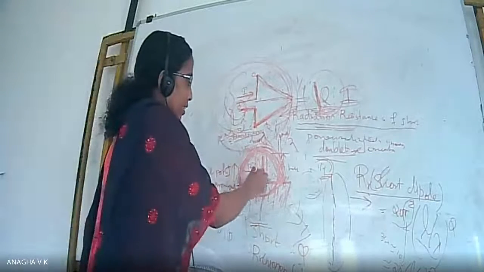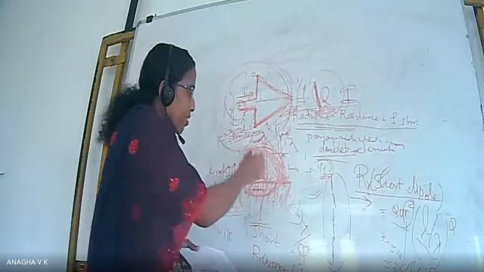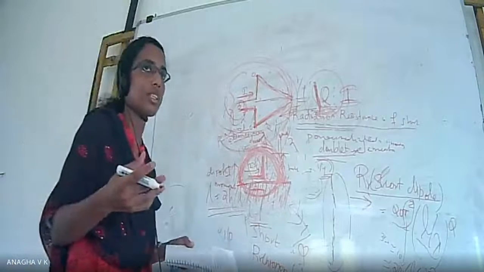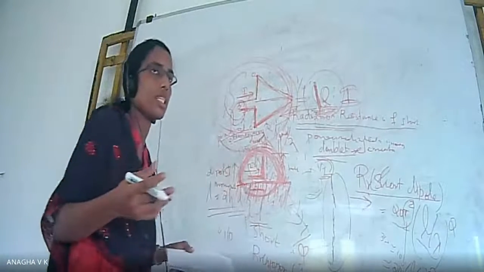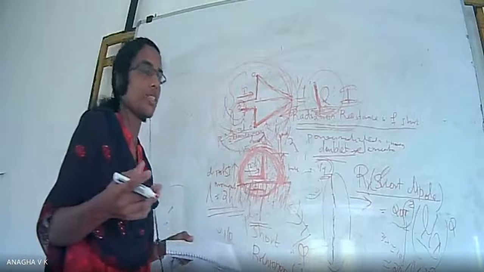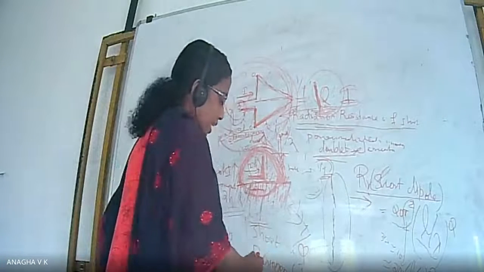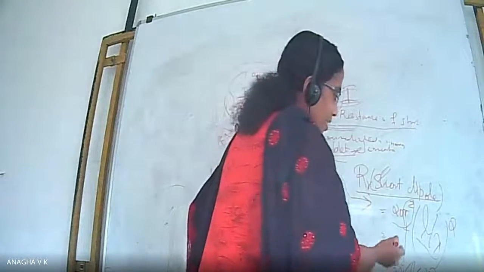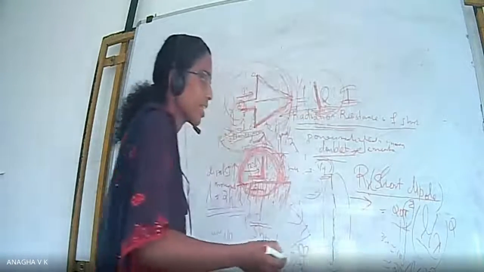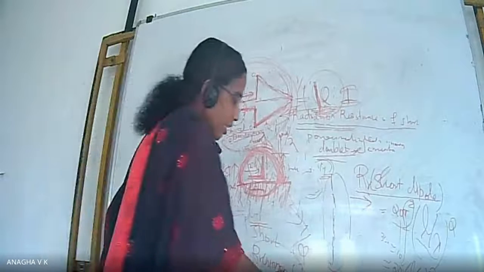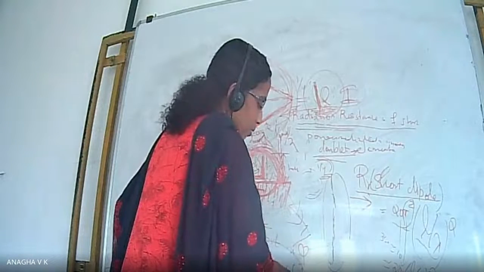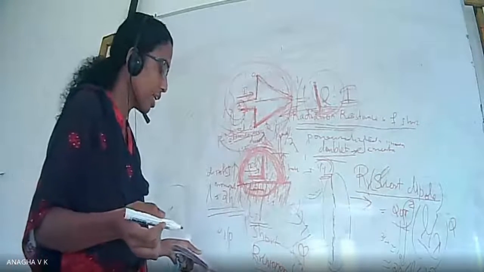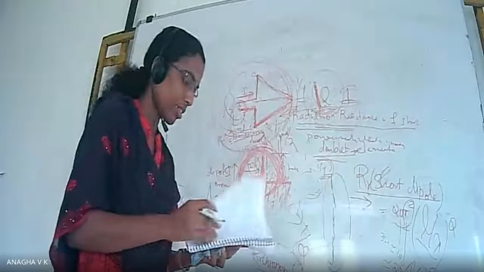H is the length of the monopole, and the length of the dipole is twice the length of the monopole, which means L is equal to 2H. So the radiation resistance of the monopole is 10 pi square, half of the radiation resistance of the short dipole. 10 pi square L by lambda whole square, L is 2H, so 40 pi square H by lambda whole square, 400 H by lambda whole square.